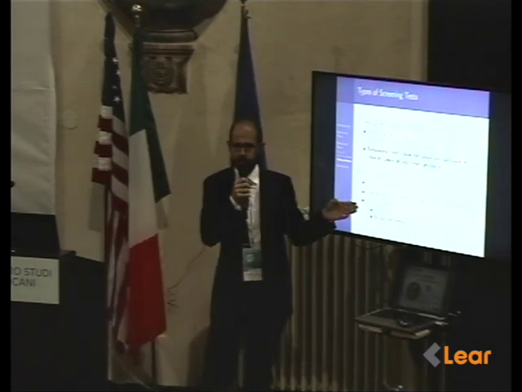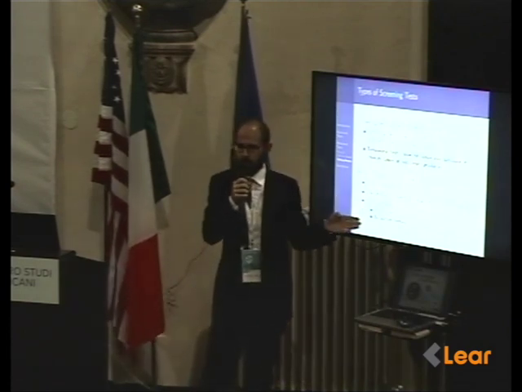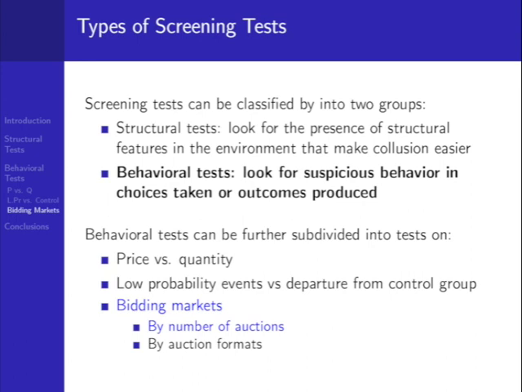Now, the last subdivision of this behavioral test is specific to bidding markets. And here we can think of two further subdivisions. Division by the number of auctions the tests work for, one single auction or multiple auctions, and by auction formats.